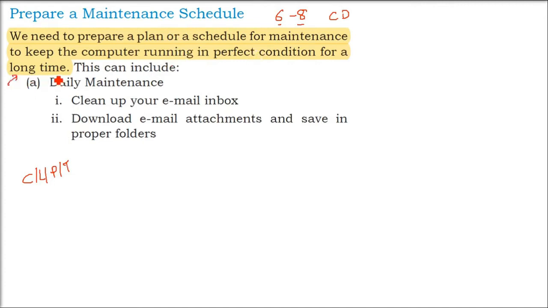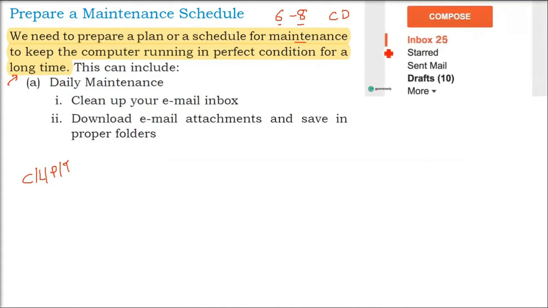For that, we need to have a proper plan and schedule for the maintenance. We want it to run for a longer time. So how do we plan it? First thing to know about maintenance is that it is of two types: preventive maintenance and corrective maintenance.